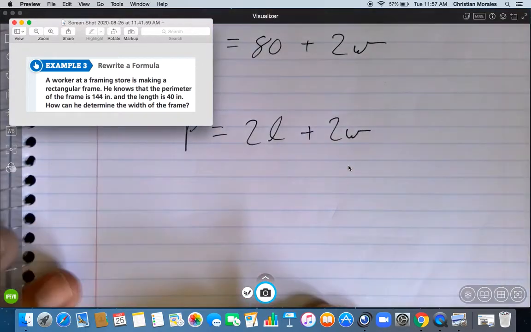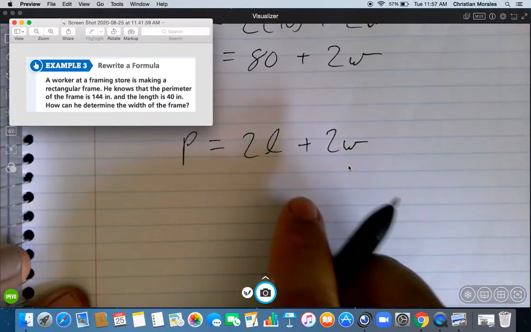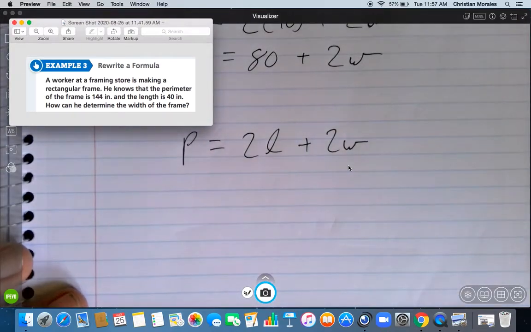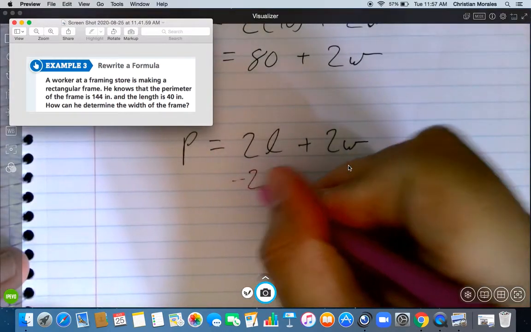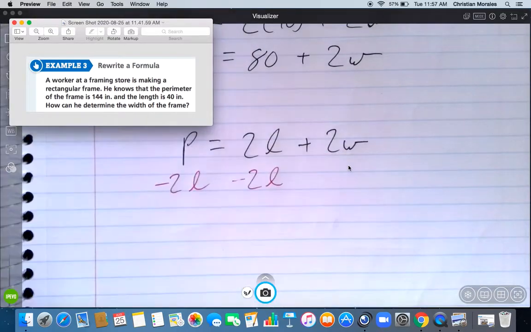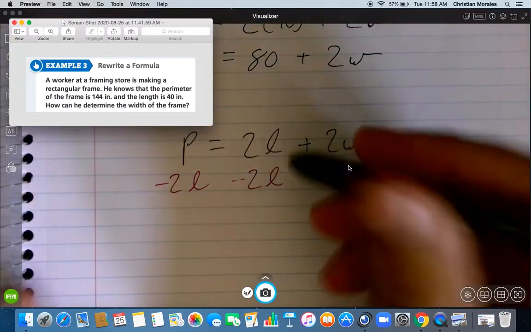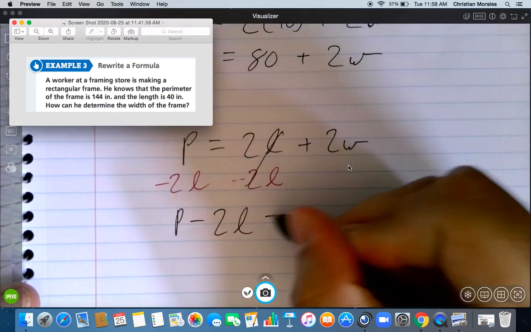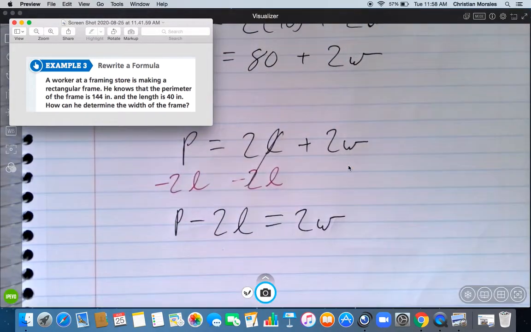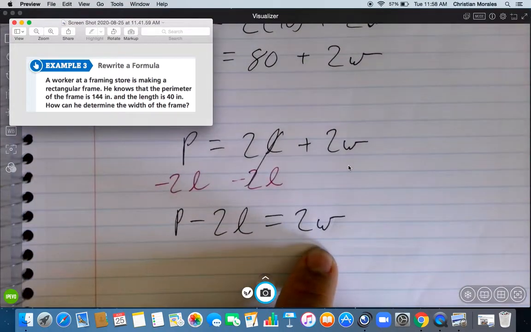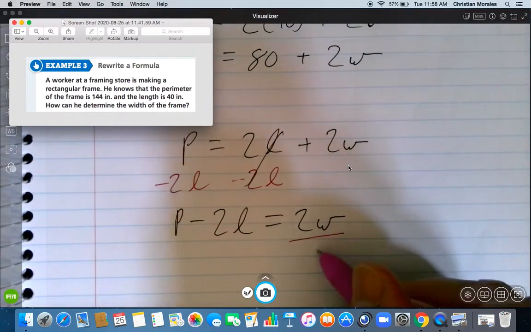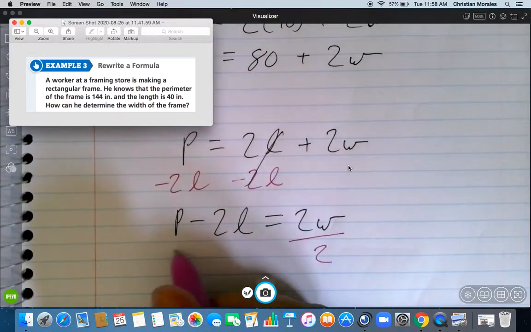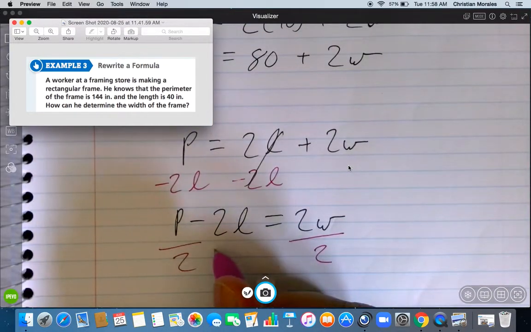Okay. So the first thing they would do is they would subtract 2L from both sides. 2L's cancel out. You would have perimeter minus 2L equals 2W. The W is still not by itself, so you can divide by 2. Everything needs to be divided by 2.